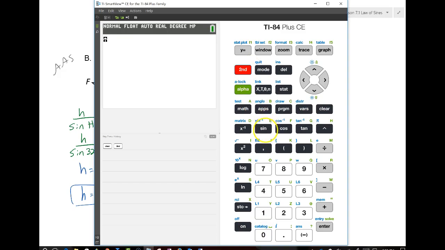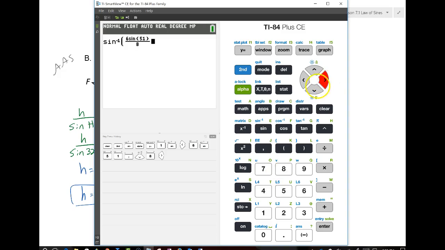We're going to go second sine. I'm going to go alpha y equals to get 1 and get my angle up there. I'm literally going to go 6 sine, oops, clear that last part here. We're going to go 6 sine of, and that's where I'm going to put my 51 degree angle, over 8.